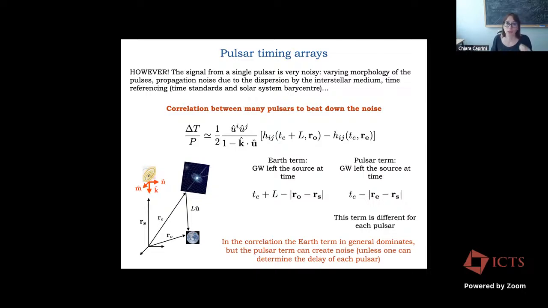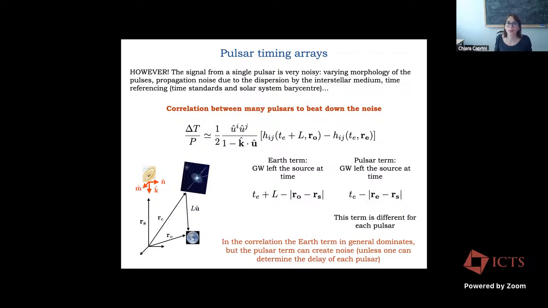There is some noise on the propagation of the radio pulse due to the dispersion by the interstellar medium. So the radio pulse is spread in frequency, and there are errors due to the time referencing, because one needs to somehow coordinate the time on Earth with the time at the pulsar, and therefore one needs to use time standards that intrinsically have their own source of error, they are intrinsically noisy.